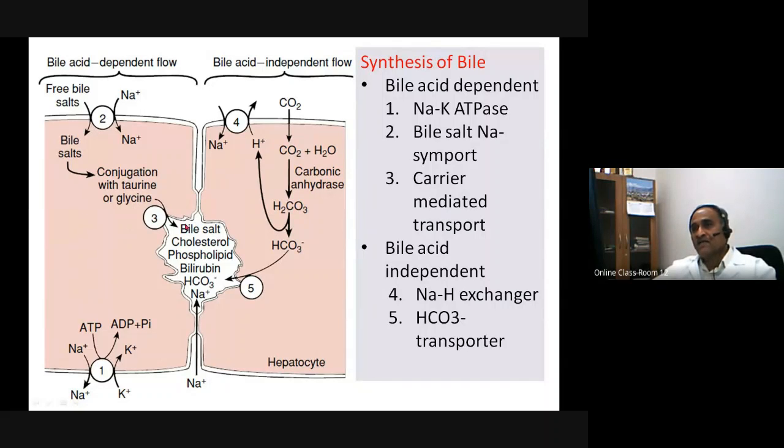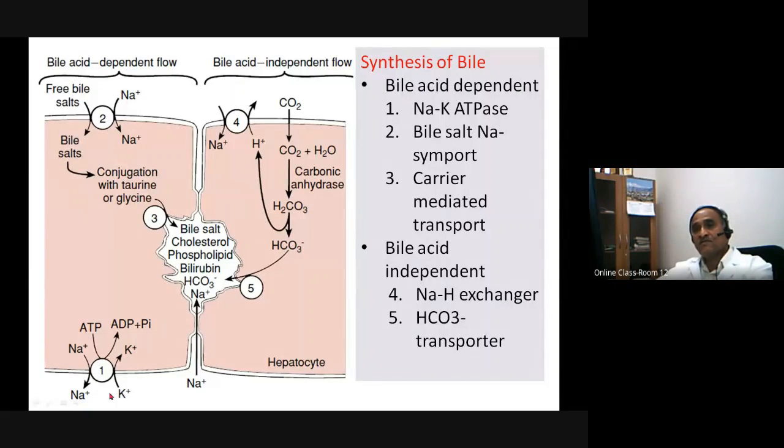Along with that, the cholesterol, phospholipid, and the bilirubin, which is the hemoglobin product, conjugated bilirubin, go with a large amount of bicarbonate and sodium. So this is bile acid dependent because of the presence of the bile acid in the canaliculi, and that would stimulate this to enter.